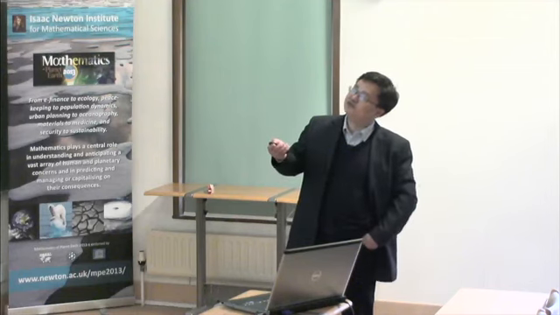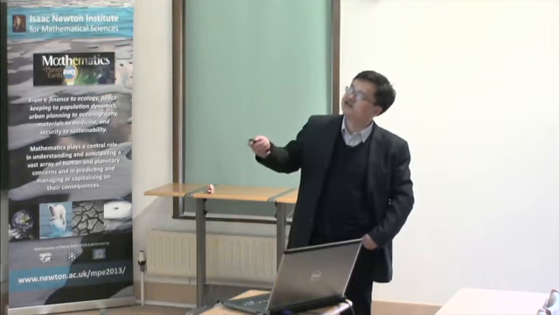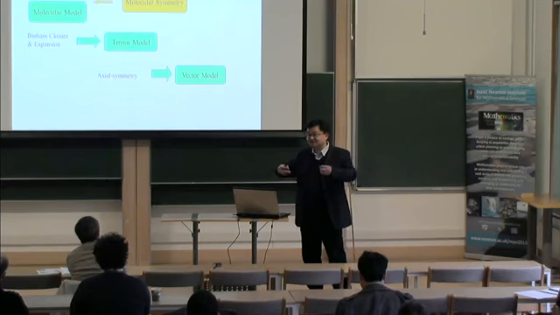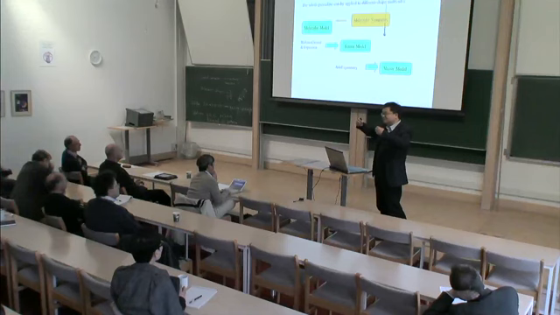Actually, the procedure could be applied to different shapes. I'm working on that, for example the polar hard core, but it is much more complicated because the interaction region is complicated. The procedure could do that.